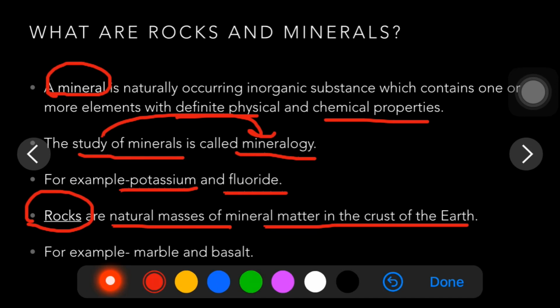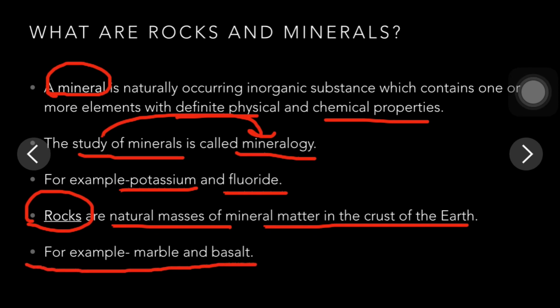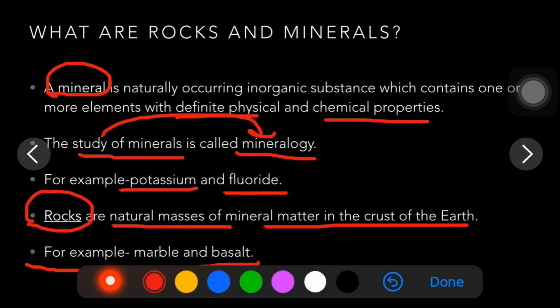So in subsoil regions and on the surface we can find rocks of different shapes and sizes. For example, marble is a rock, basalt is a rock, and the chalk that we use is also a type of rock. So these are the basic examples.